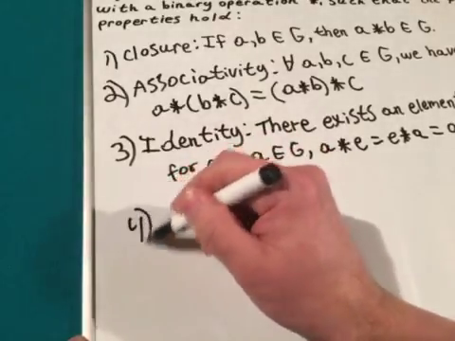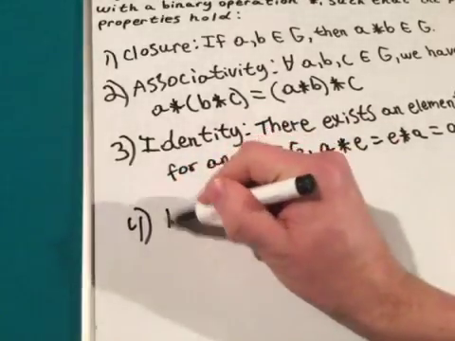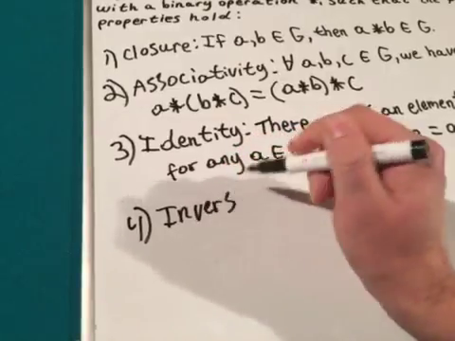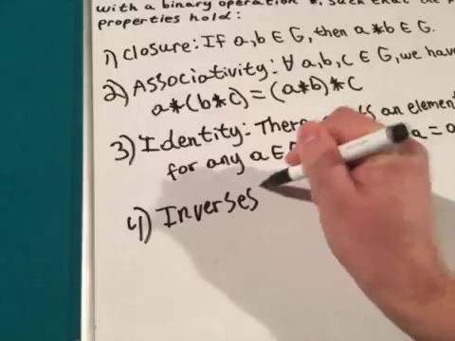And what is this last property? Well, there has to exist inverses. What does that mean?